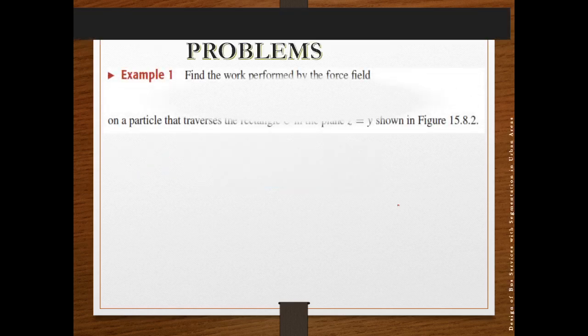So now we will do a problem. Find the work done by a force field on a particle, where F is x squared i plus 4xy cubed j plus y squared x k, on a particle that traverses the rectangle in the plane z equals y.